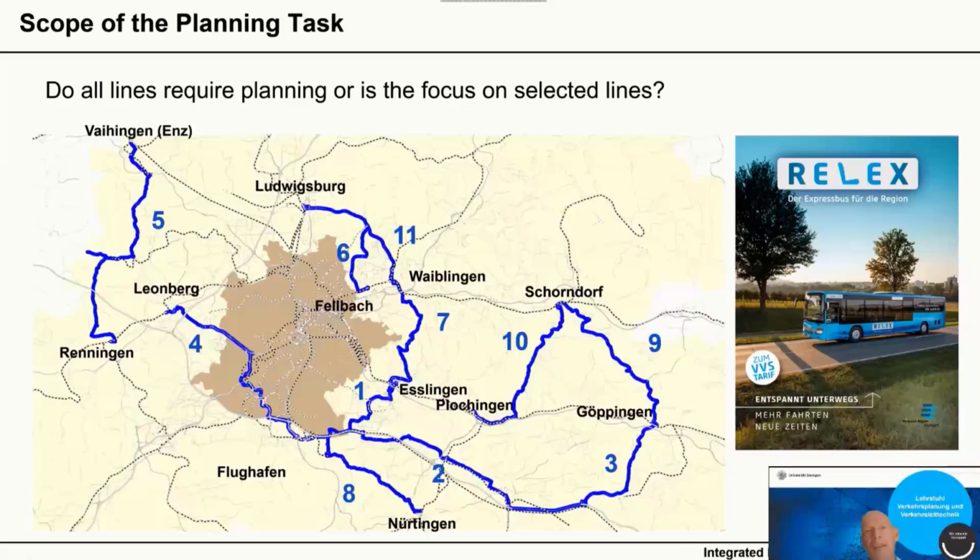And here the task was, out of a number of express buses, to select 2 or 3 or 4 of them which were most feasible. So here the planning process focused on amending lines. And here the question was, they shouldn't compete with the S-Bahn lines. They should provide additional direct connections.